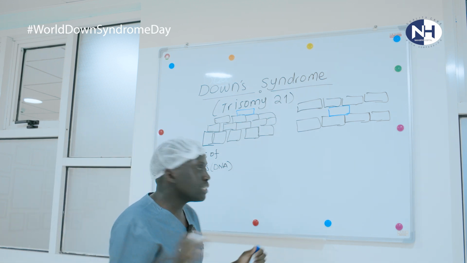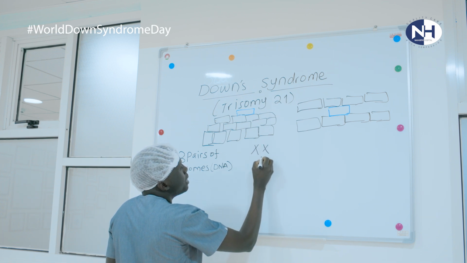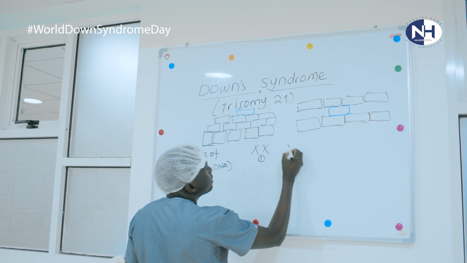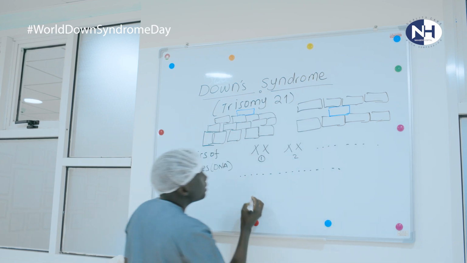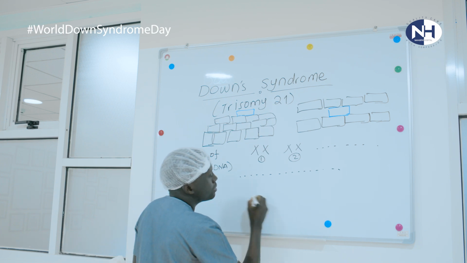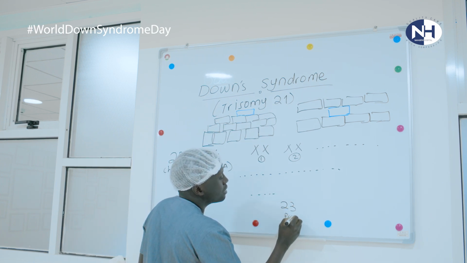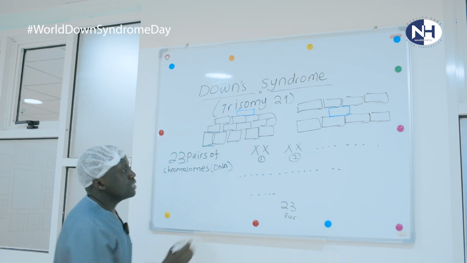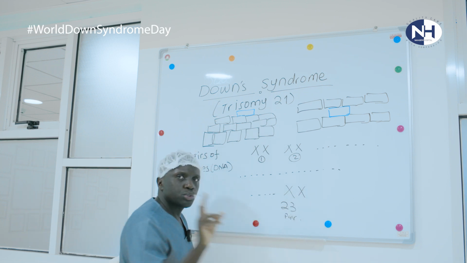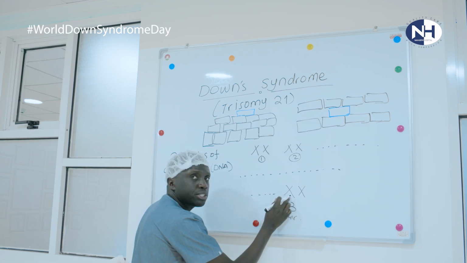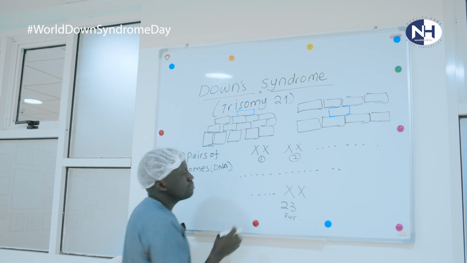These pairs of DNA are arranged from the first pair, the second pair, all the way to the 23rd pair. Each pair has two. This is the first chromosome. This is the second chromosome.